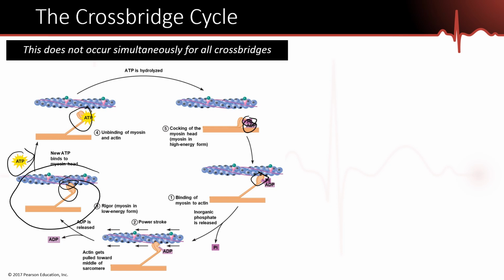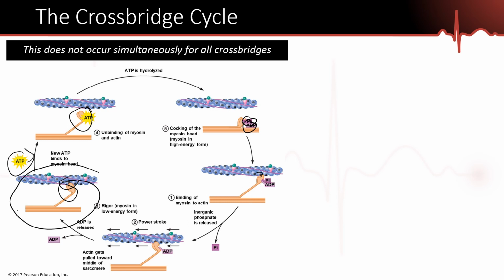And then the inorganic phosphate is released from the myosin head. And this results in the power stroke. What happens with the power stroke is the myosin head swings or cocks forward. You can see that from here to here, right? That's one step to the next.